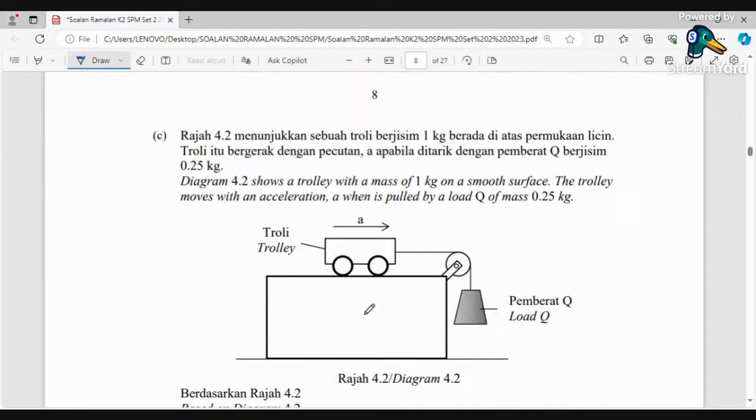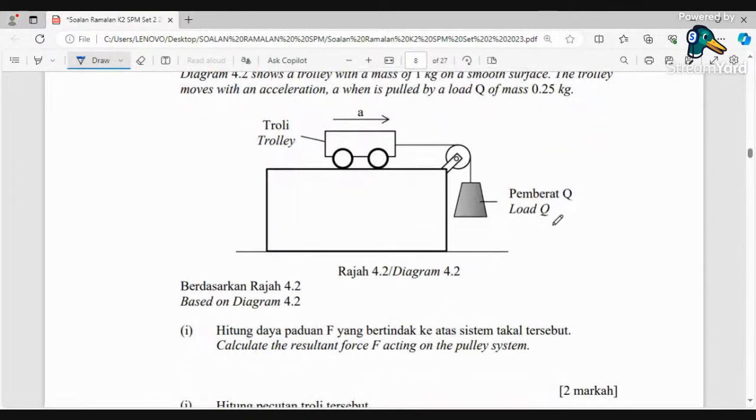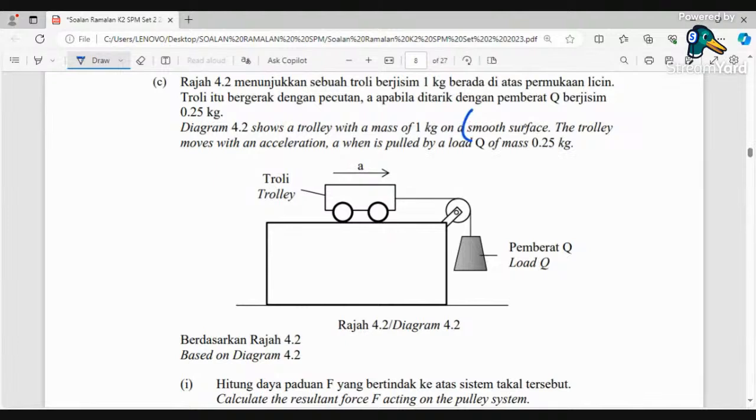Part C. Diagram 4.2 shows a trolley with mass 1 kg on a smooth surface. The trolley moves with an acceleration when pulled by load Q, mass 0.25 kg. Calculate the resultant force acting on the pulley system. Note the words smooth surface, which means no friction. Load Q is moving this way, and the trolley to the right.